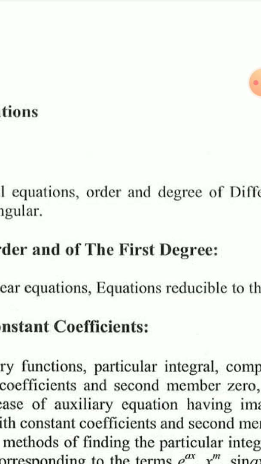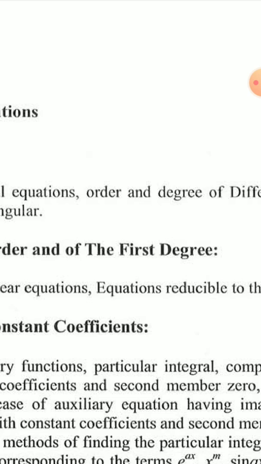Okay. Now, there are two types of solution. A general solution is a solution involving arbitrary constants, the number of which is equal to the order of the differential equation. Such a solution is called a general solution or complete integral.